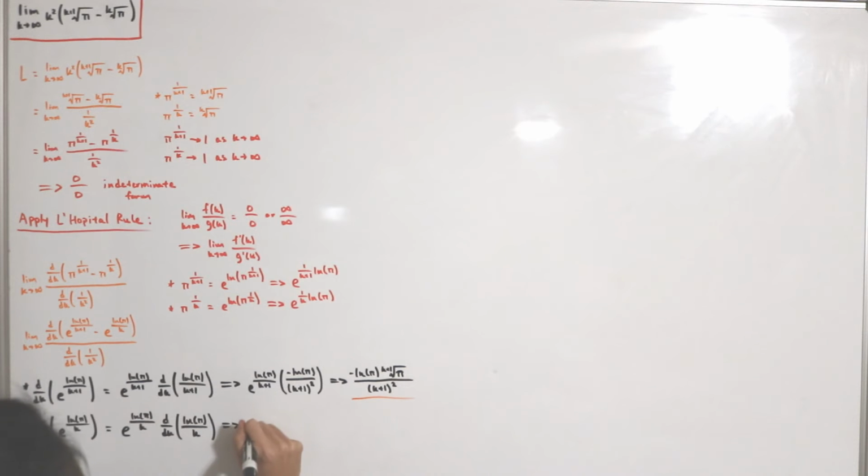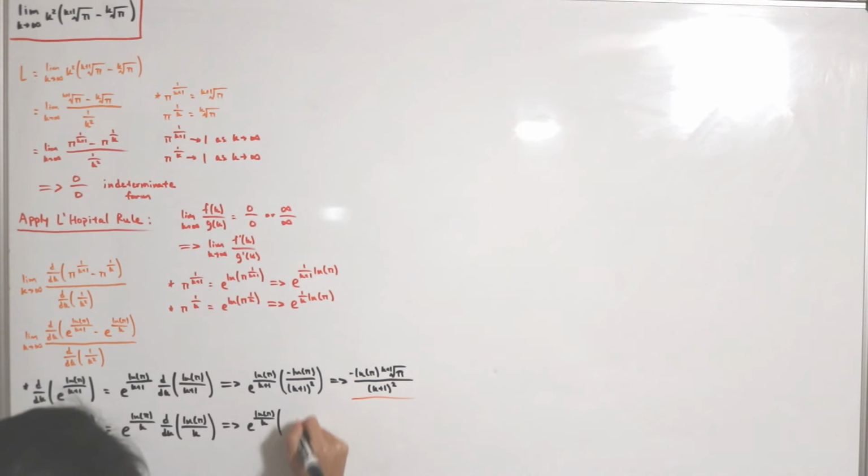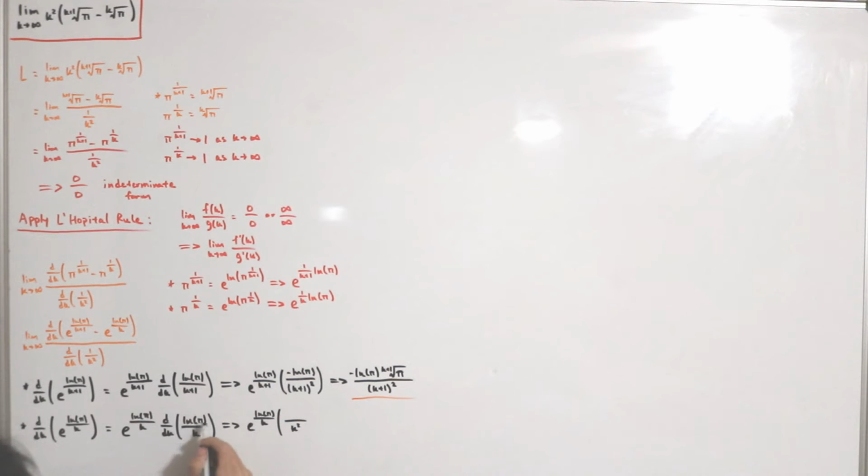Therefore, I know that the denominator is k squared, and then the derivative of ln of pi is just 0 multiplied by k, it's just 0.